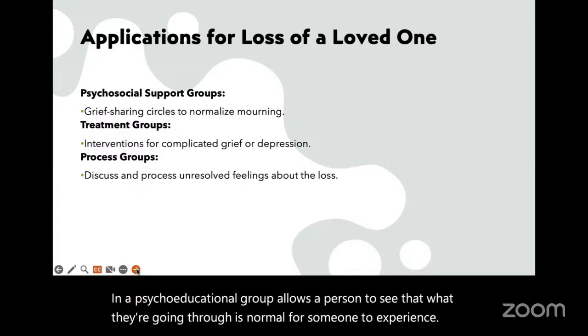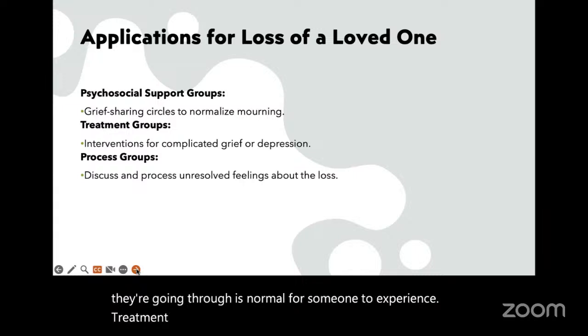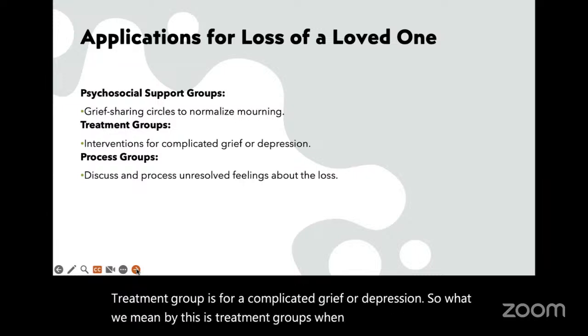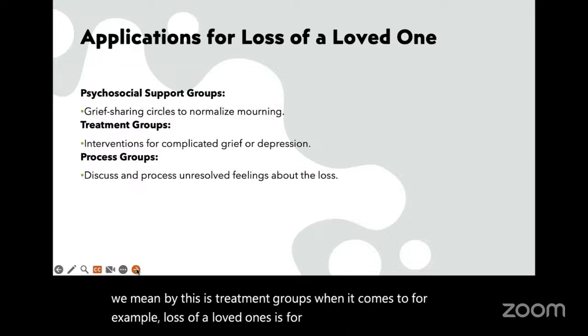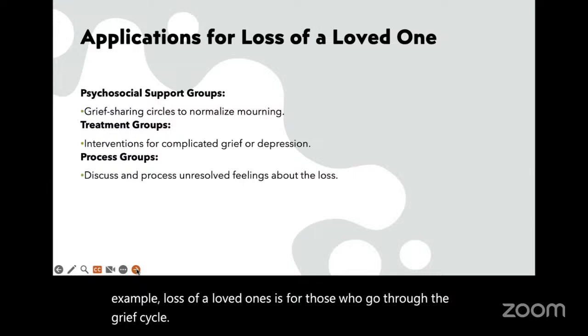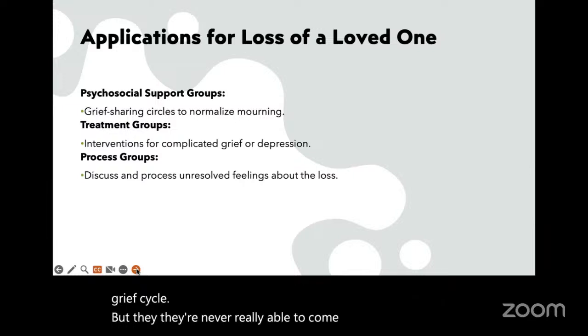A treatment group is for complicated grief or depression. So, what we mean by this is treatment groups, when it comes to, for example, loss of a loved one, is for those who go through the grief cycle, but they're never really able to come out of the grief cycle.